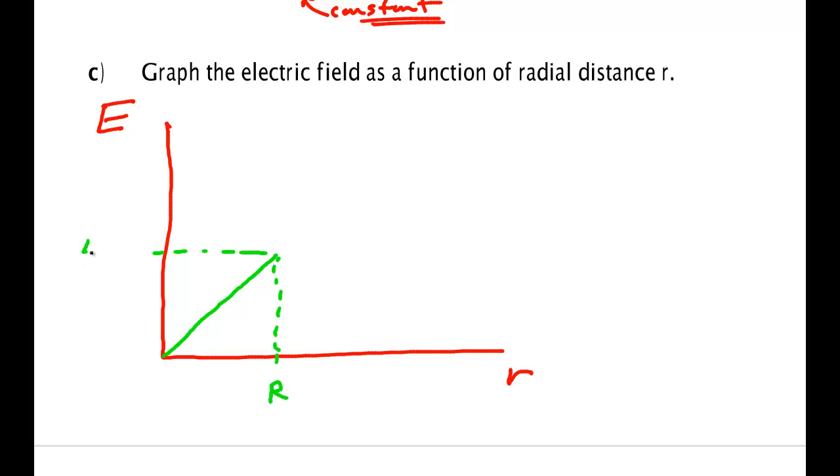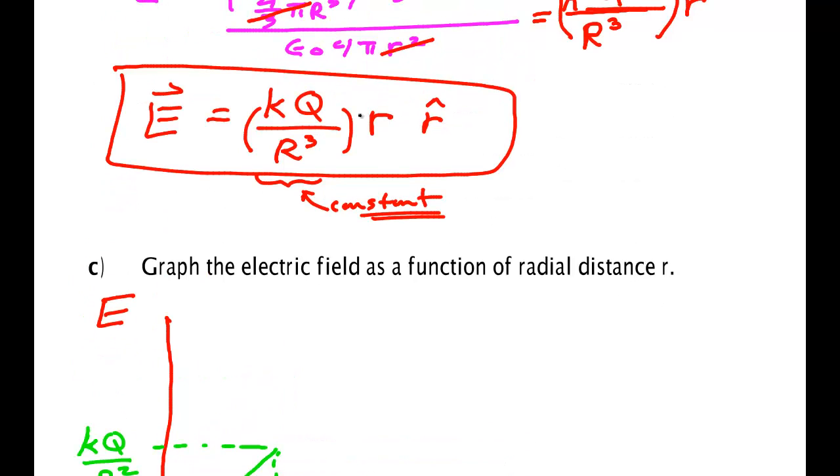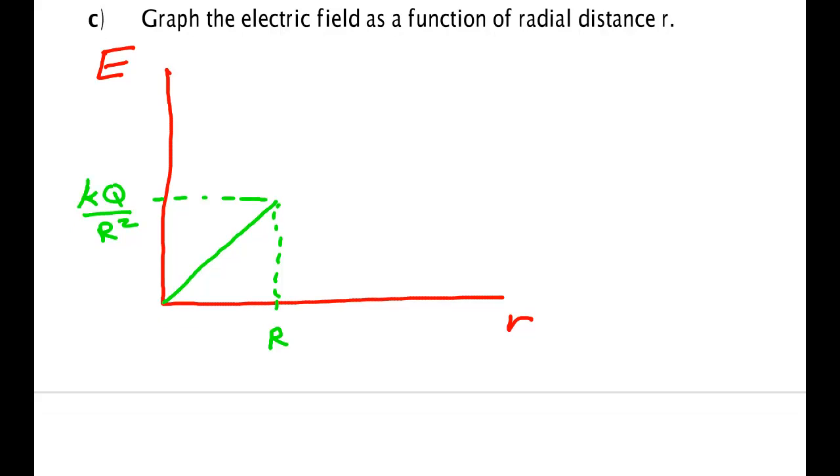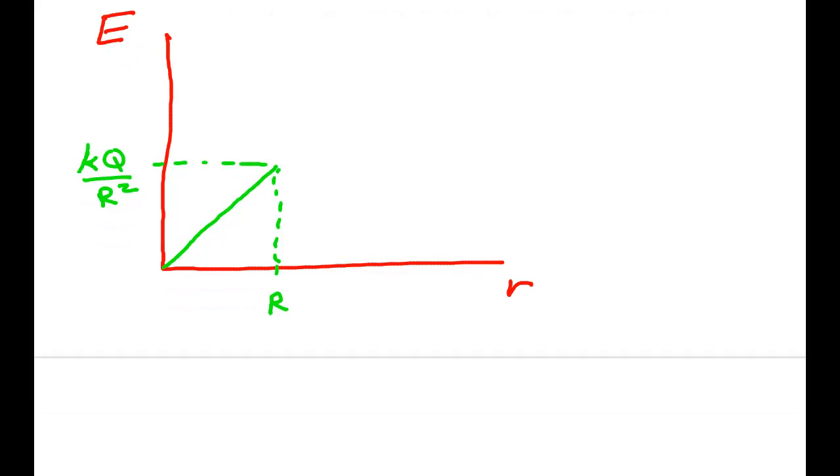And when you do that, you'll get a formula, KQ over R squared. Now notice that if you put big R in for little r here, it cancels, you get 1 over R squared. And you get that no matter which formula you use. Once you get outside the sphere, it falls off as 1 over r squared.